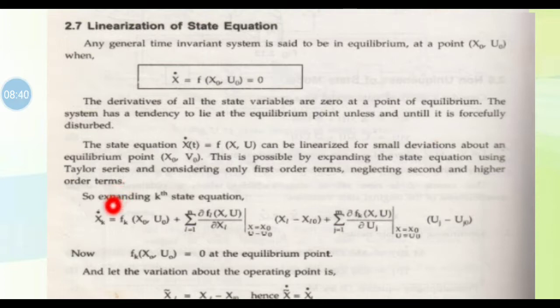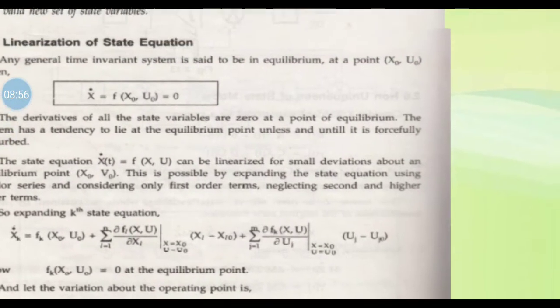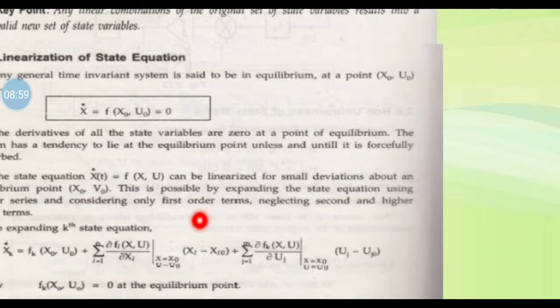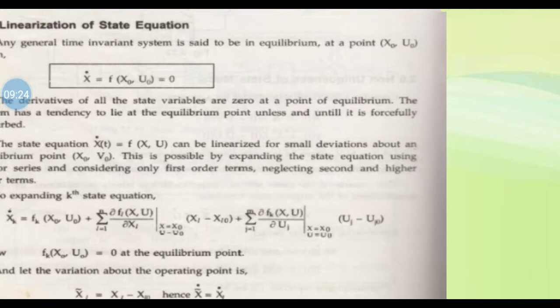So expanding the kth state equation: xk dot is equal to fk of x naught, u naught plus summation i is equal to 1 to n of dou fk of x, u by dou xi at x is equal to x naught, u is equal to u naught, into xi minus xi naught, plus summation j is equal to 1 to m of dou fk of x, u by dou uj at x is equal to x naught, u is equal to u naught, into uj minus uj naught.